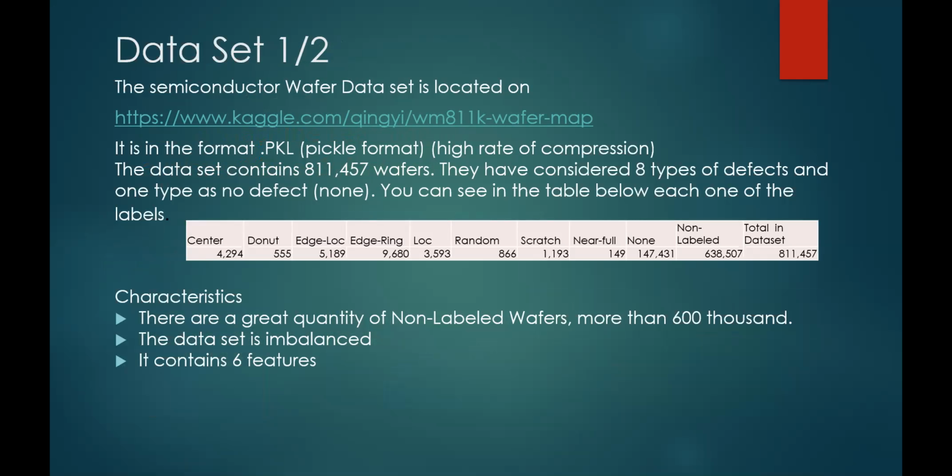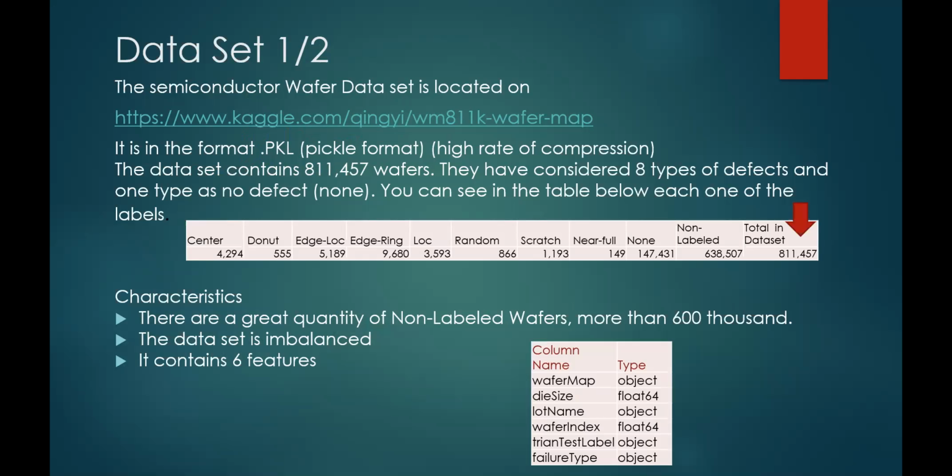And the defect types have been classified into 8 different classes, and one type for no defects, called none. You can see in the table below each one of the labels: center, donut, edge loc, edge ring, loc, random, scratch, near full, none.